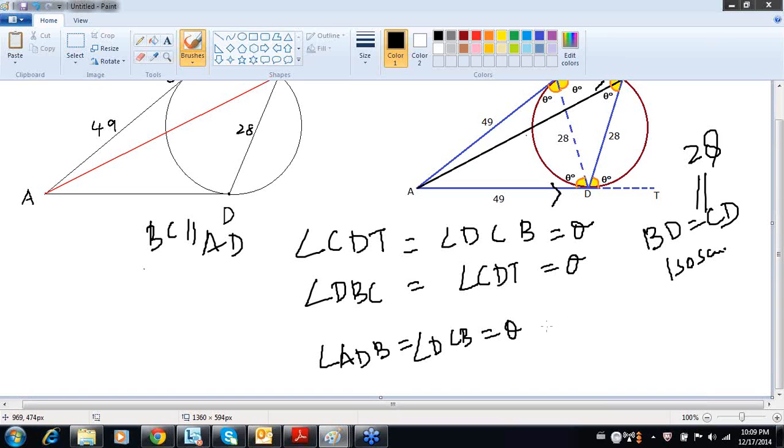It is also equal to angle ABD, because AD and AB both are tangent to the circle, so angles ABD and ADB will also be equal. Now triangle ABD, let us see these two triangles.